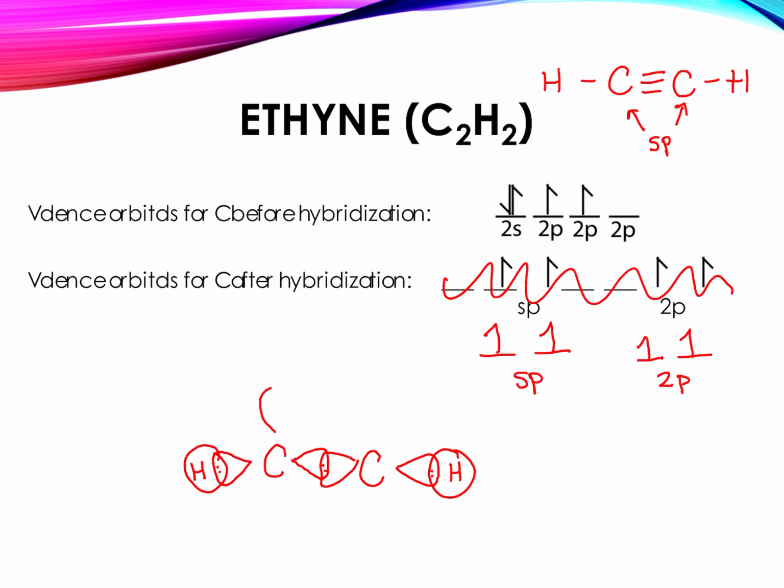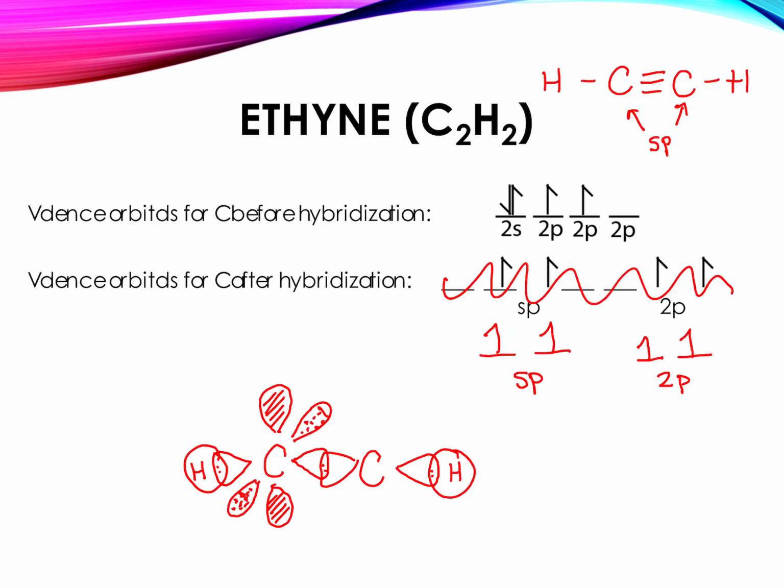So here's one of my p orbitals for this carbon, and that's above and below the plane, and then we need the other ones coming into and out of the plane. The way that I draw this is I draw it on a slant, and then I'll make them look different. Like if I do this one as dashes, maybe this one has dots, so they look different.